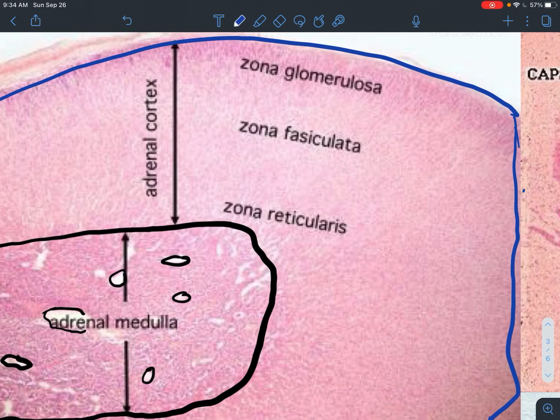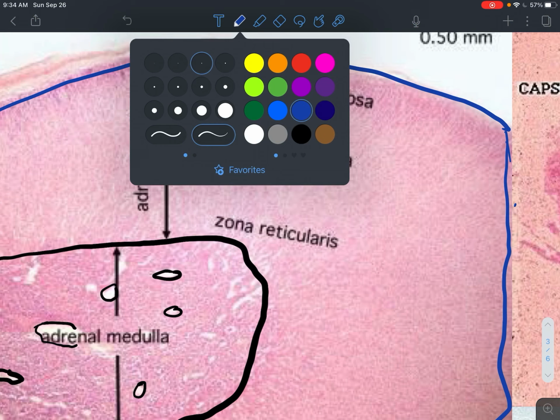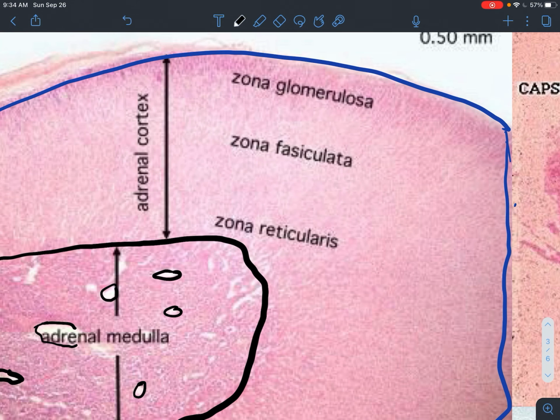It's just part of it. And so what I would say is, if the pointer is up here close to that capsule, then it's pointing to the glomerulosa. If it is kind of in the middle there, it's pointing to the fasciculata.